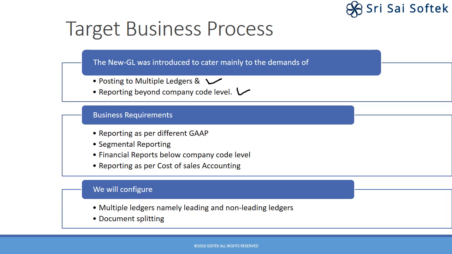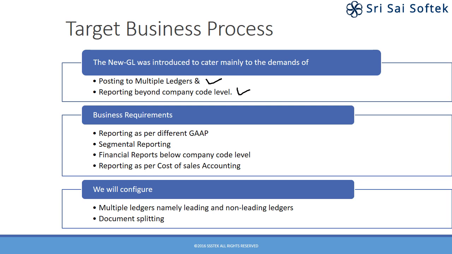In other words, earlier if you wanted to generate a balance sheet for profit center, it was not possible because the controlling area entries are getting posted only for the expense line item. The balance sheet line item was not getting posted to the corresponding profit center. With the new GL, this facility is enabled.